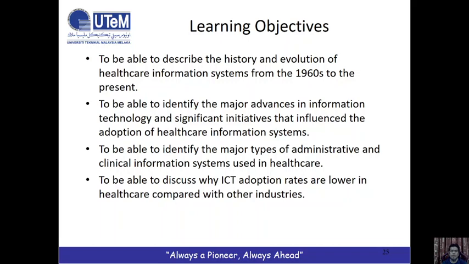Starting from the 1960s until 2020 plus, to the present here. This chapter also enables you to identify the major advances in information technology and significant initiatives that influence the adoption of healthcare information system.